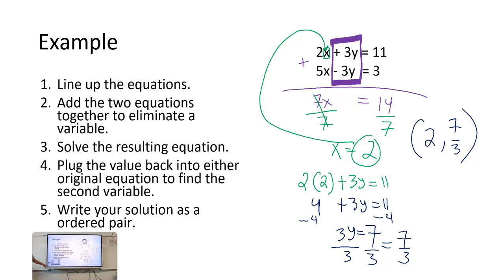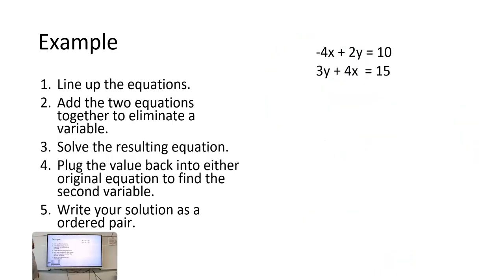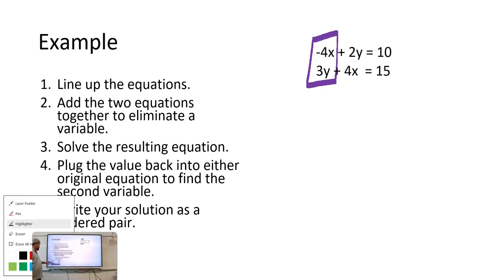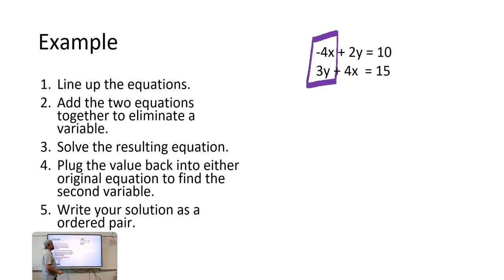All right, let's look at another example. Okay, we've got negative 4x plus 2y equals 10, and 3y plus 4x equals 15. Okay, are these lined up? If you notice, I put a box there. I have an x and a y in that box. That means no, they are not lined up.